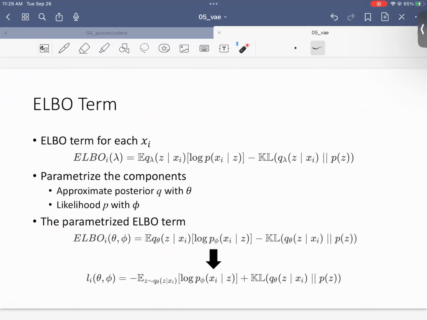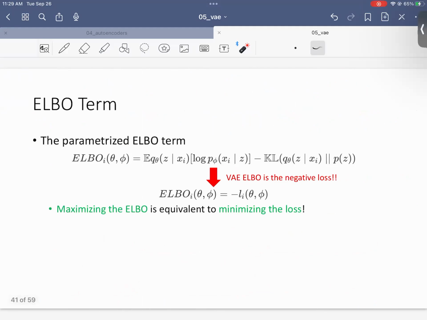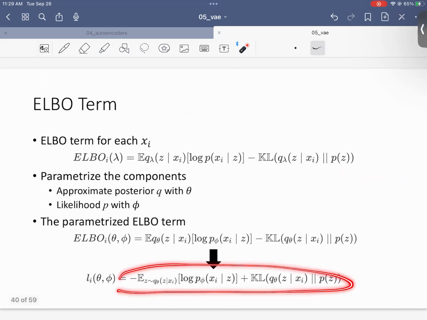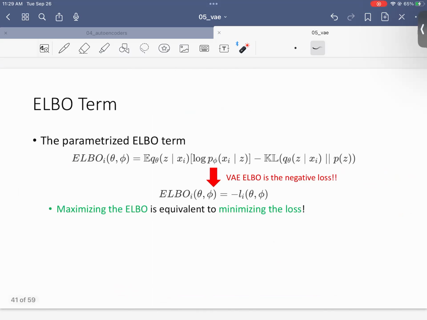So you can realize that VAE's ELBO term is, maximizing the ELBO is like minimizing the loss term, so it's the same thing. Once we arrived here, the intuition is we should understand that when we were training our VAE according to this loss term, what we were actually doing is maximizing the ELBO for this inference problem, for this posterior distribution estimation problem.